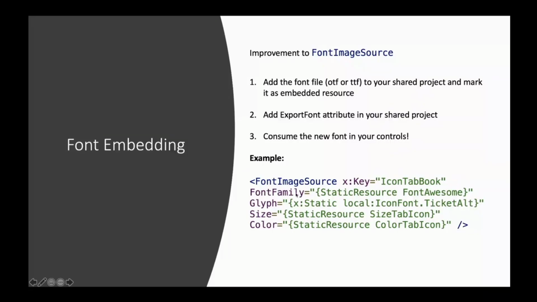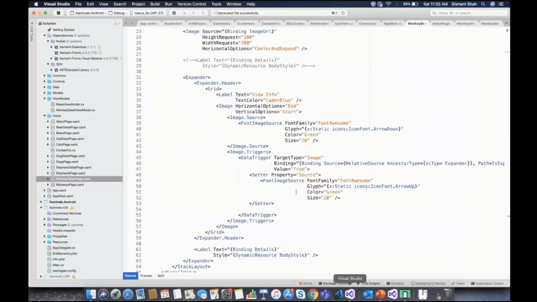With that, you can easily use that font in all of your Android and iOS projects. But when you are using that feature, there was one issue. I will show you what the issue was when I show the demo. And there is this new update. You can set your font family with a static resource, and you can pass your alias name. With this, it will work on all platforms, whether it is iOS, Android, or UWP. So let's go to our demo and quickly see all those three cool new features.